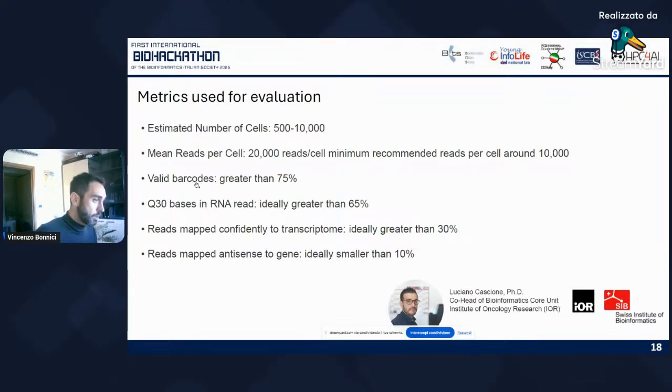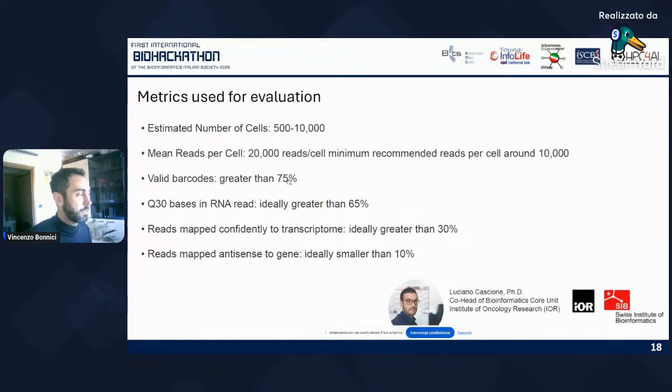The valid barcodes should be greater than 75%, because you may want to discard some of the reads if FastQC tells you that the quality is very low. If the sequencing was performed with some problems, many of these barcodes will probably be discarded by the quality control.